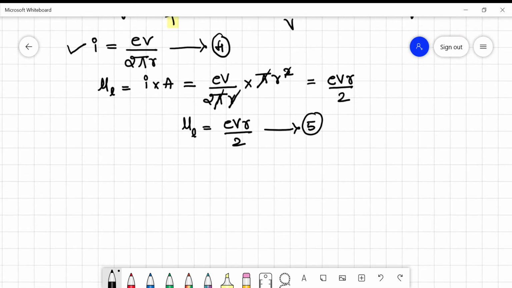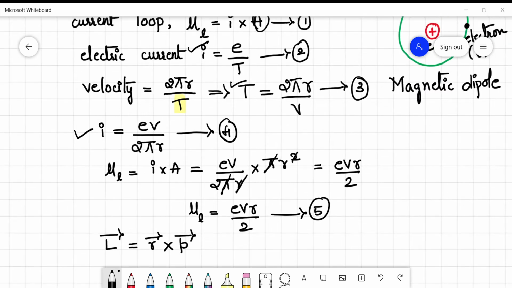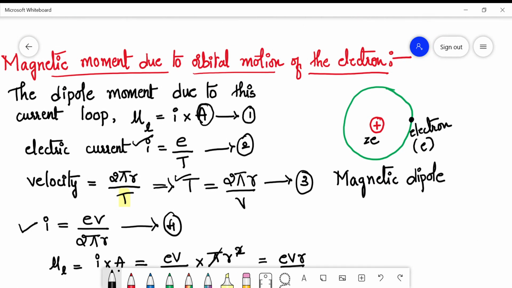The angular momentum is usually denoted by capital L, and there is a relation between the linear momentum capital P and the orbital angular momentum: L is equal to r cross P. Here r is a vector, and the linear momentum P is nothing but the mass of that particle into its linear velocity.